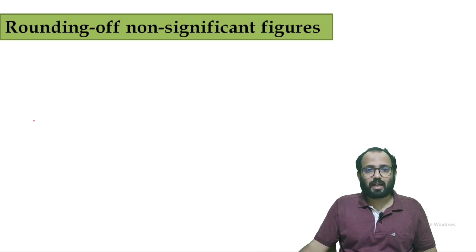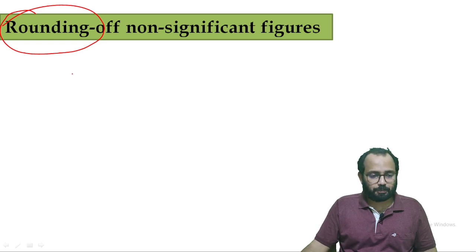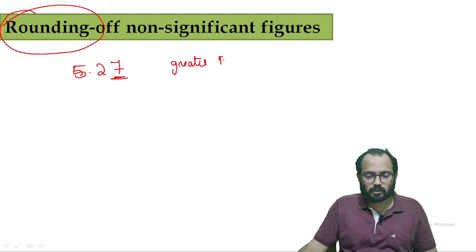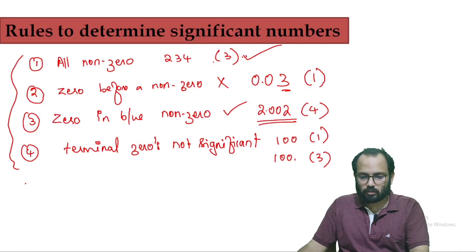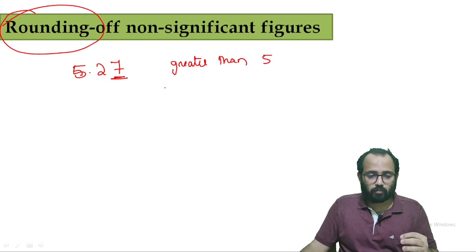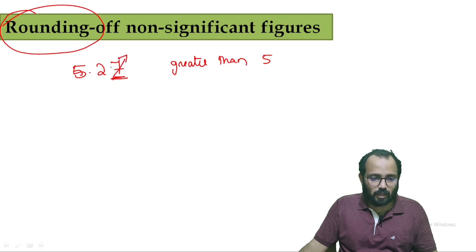Then if you talk about rounding off of the non-significant figures, let's say I wanted to round off 5.27. Look at that. This value is greater than 5. If the value is greater than 5, you can neglect this value and add 1 to the other value, so it becomes 5.3.